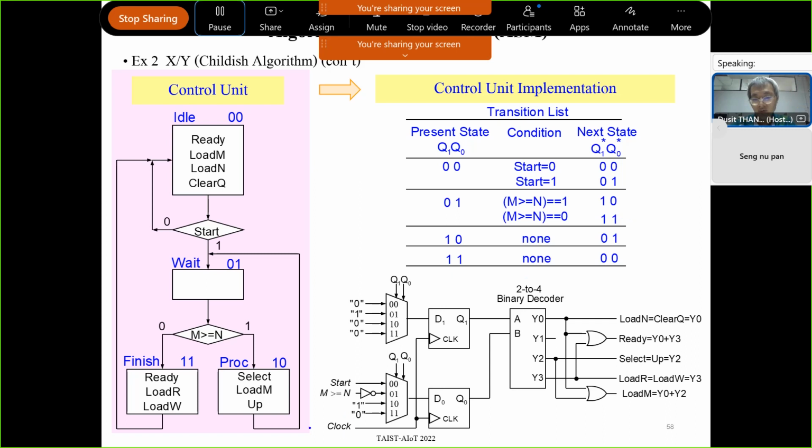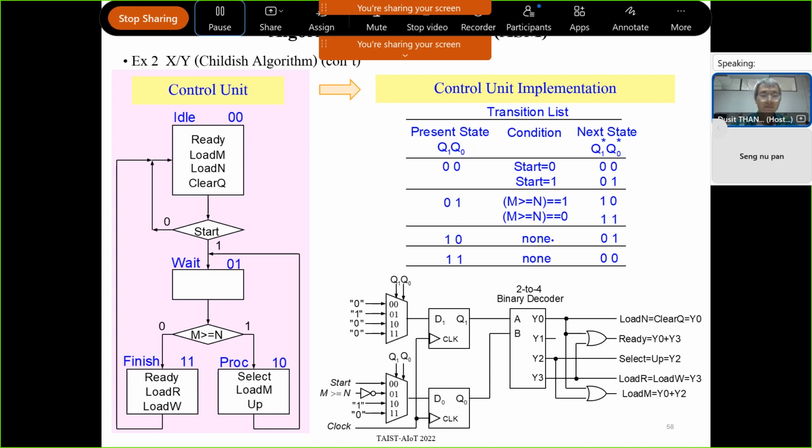And for state process, just wait for the clock tick. Go to state wait, 10 to 01. No condition, or it's already true. And for 11, when the clock ticks, go to 00. No input condition. Just wait for the clock tick.